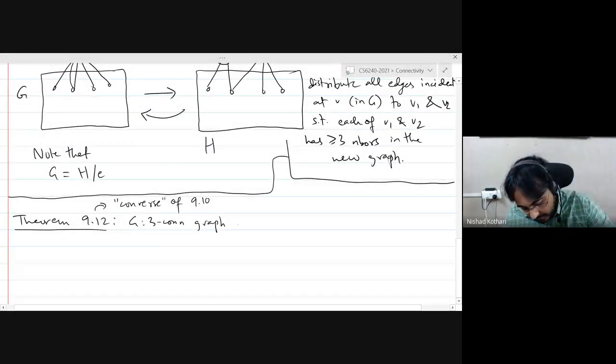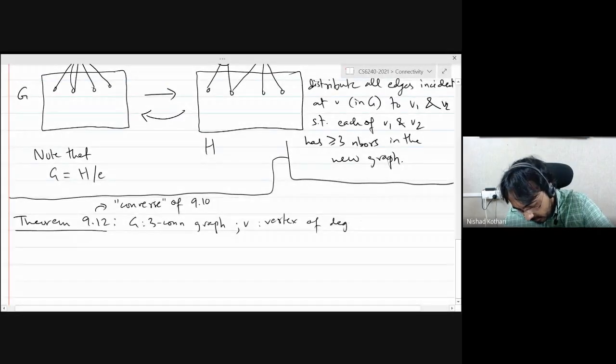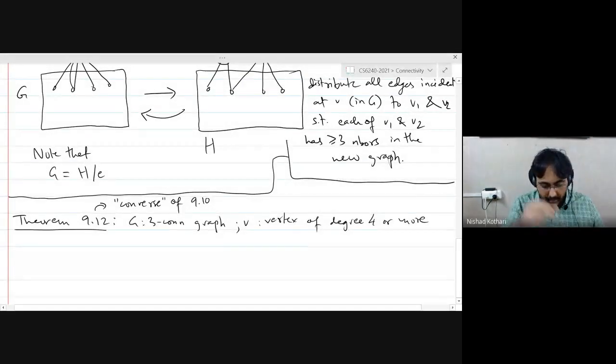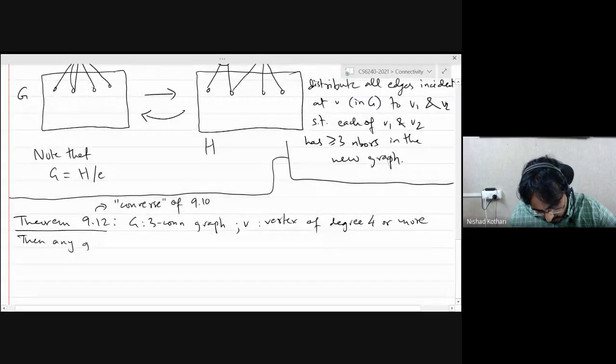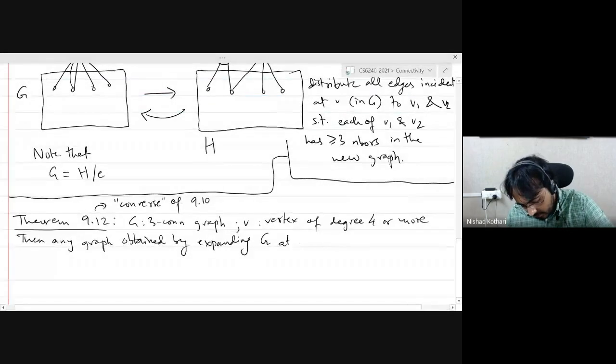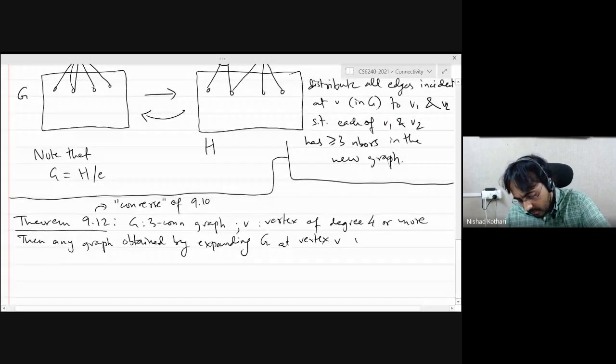And you take any vertex of degree 4 or more, then any graph obtained by expanding G at vertex V is also three connected.